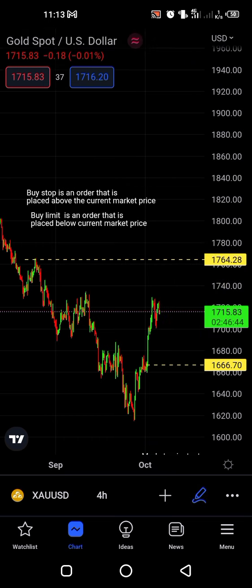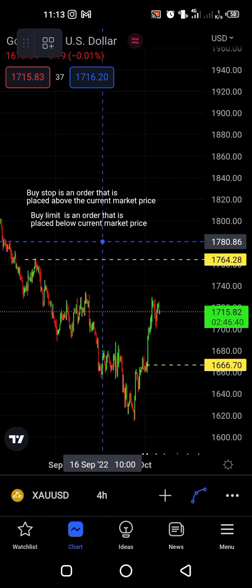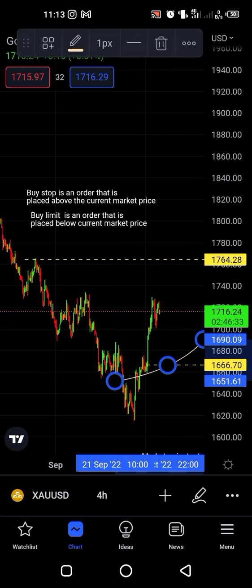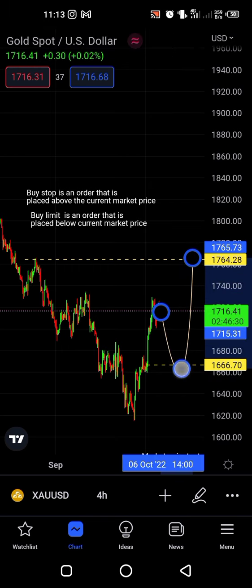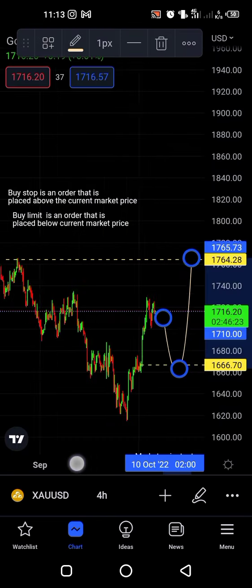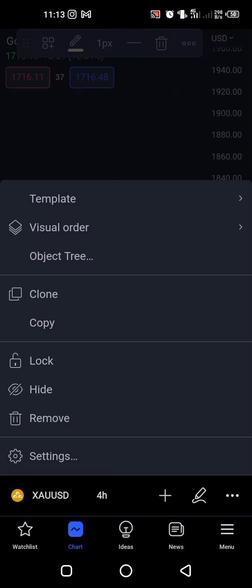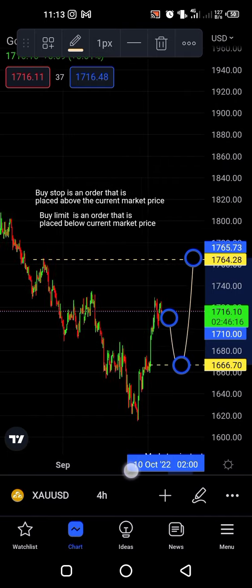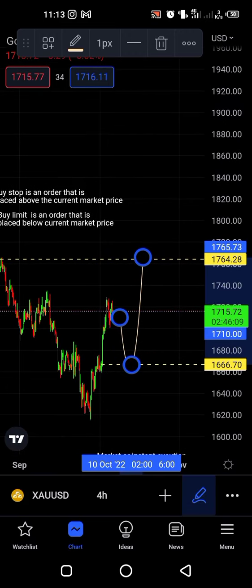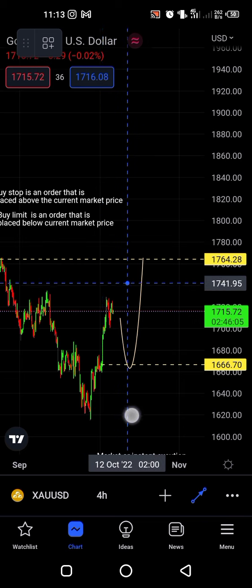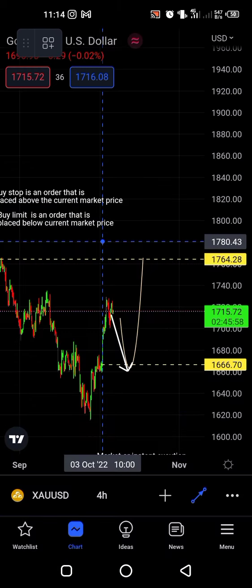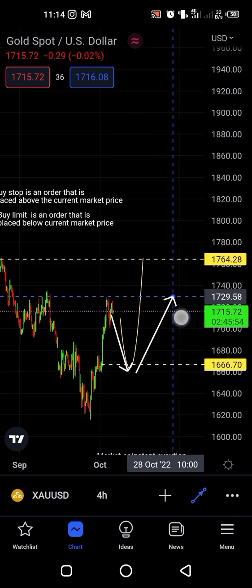Let's say you believe that price is going to come down here first, then move up.